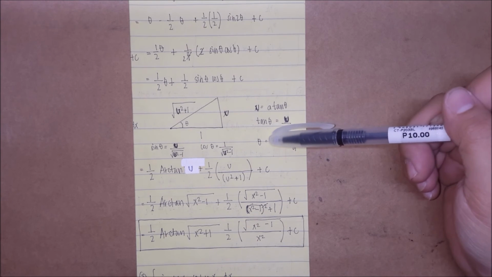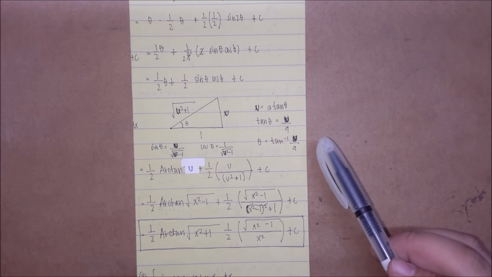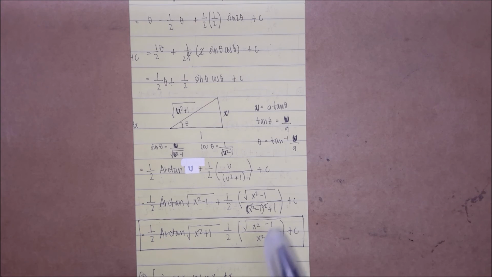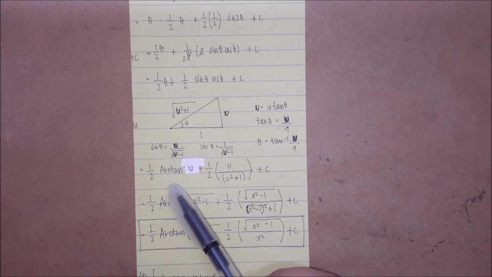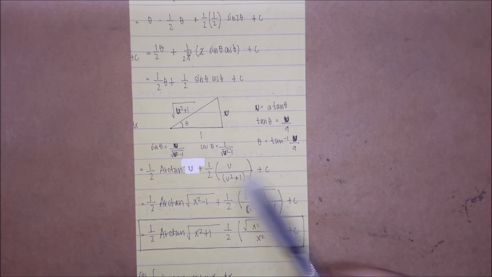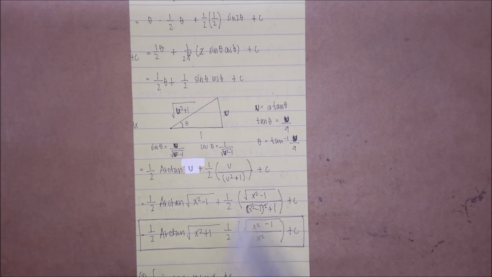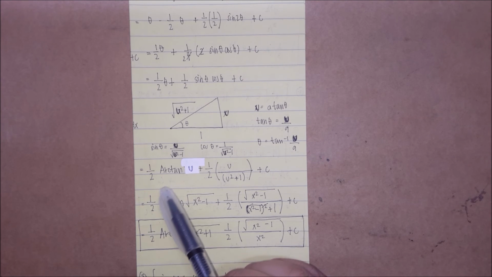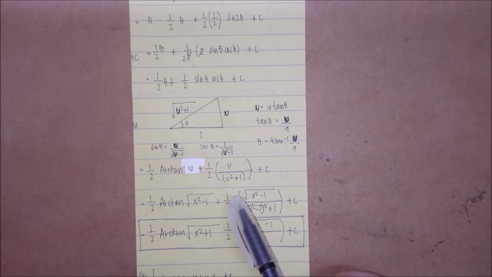So for theta, we have arctan u over a. Then for sine theta, we have u over square root of u squared plus 1. Then cos theta is 1 over square root of u squared plus 1. Then we get 1/2 arctan u plus 1/2 u over u squared plus 1 plus c.